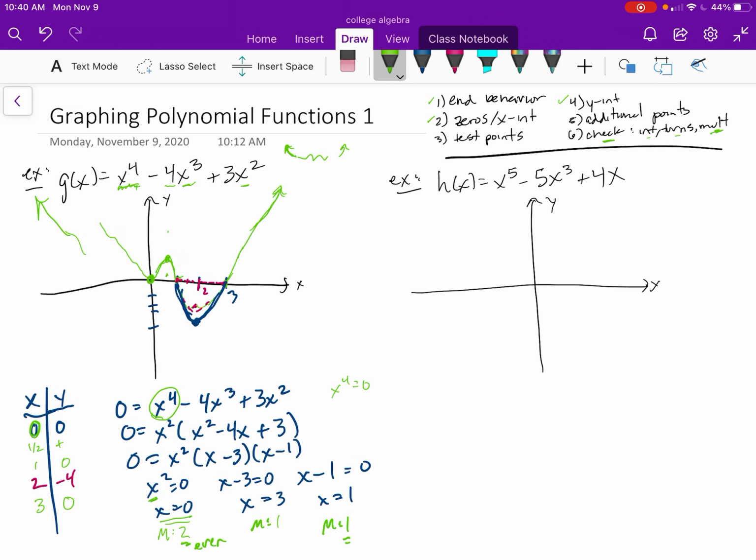Maybe it's down here, maybe it's up here, but it is positive. All right, and then we should also check a value to the right here like 4, and we should probably check something back here like -1. And I know both of those will come out to be positive as well, and again we'll verify that. Okay, but we have somewhat of a rough sketch that's going on here.